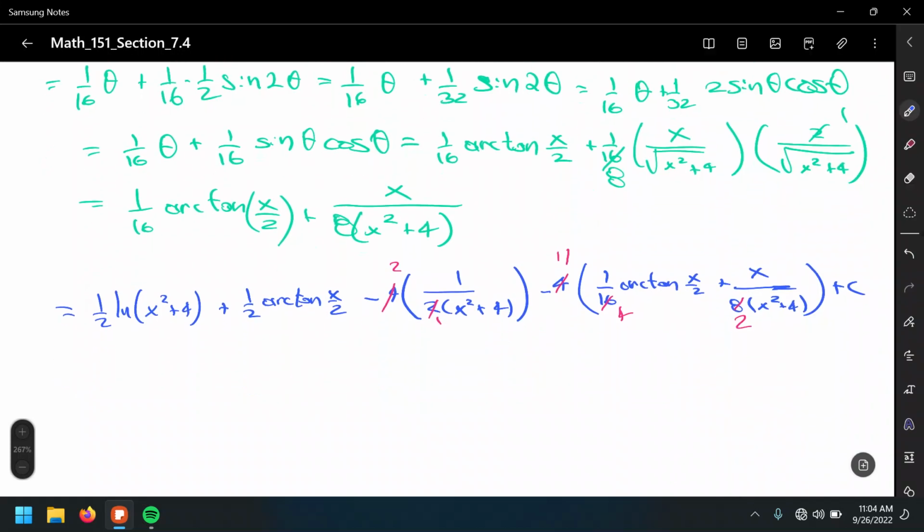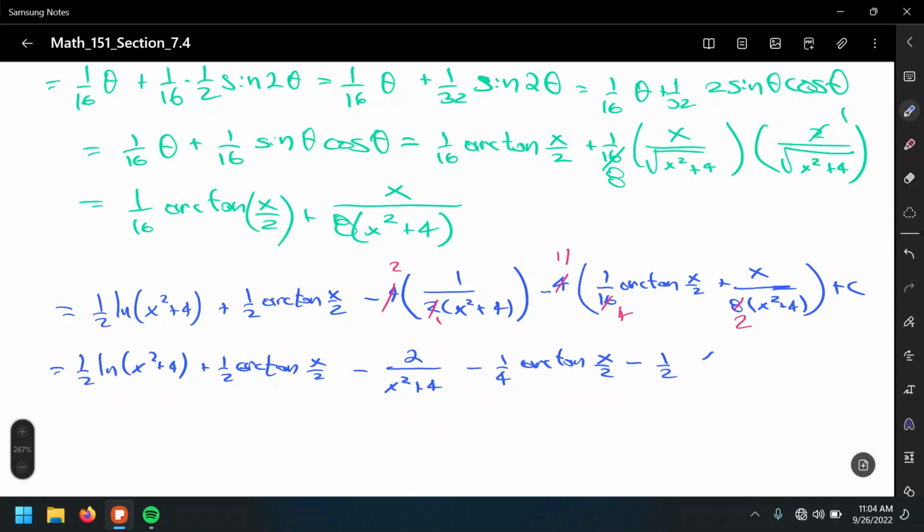The first two terms remain the same: 1/2 ln x squared plus 4, plus 1/2 arctan x over 2, minus 2 over x squared plus 4, and minus 1/4 arctan x over 2, and minus, because negative times a positive is negative, another 1/2 x over x squared plus 4.